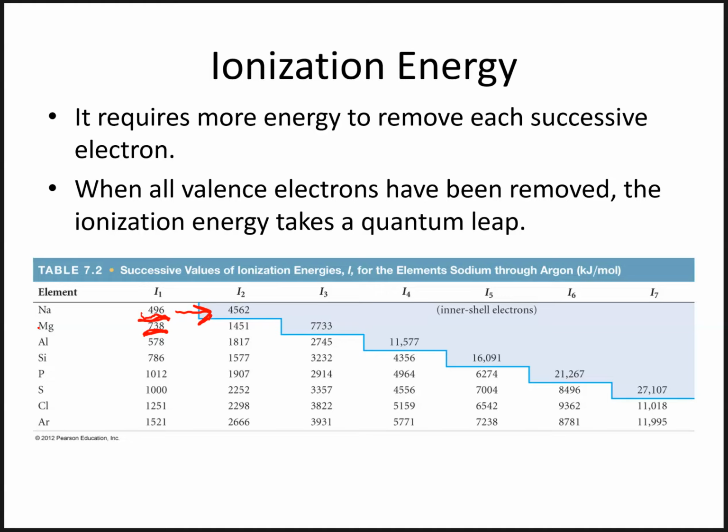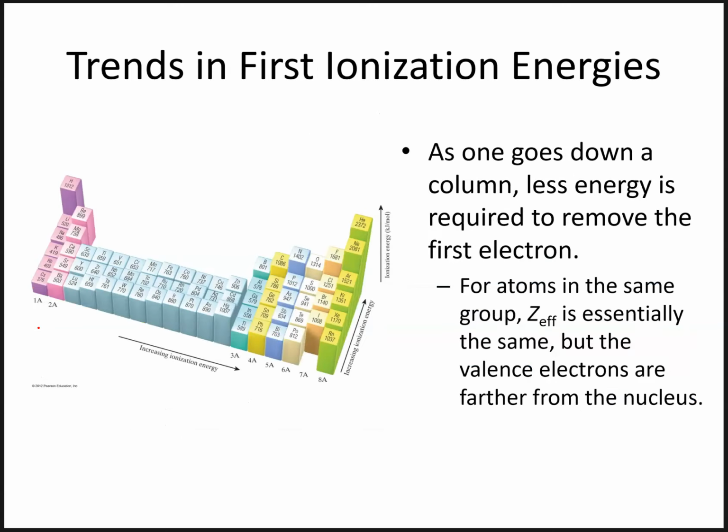Hopefully that makes sense. So removing core electrons costs an astronomical amount of energy, and we never see core electrons come off during the course of a chemical reaction. So what are our trends? We have ionization energy increasing as we move from left to right, and ionization energy increases as we move from the bottom to the top.